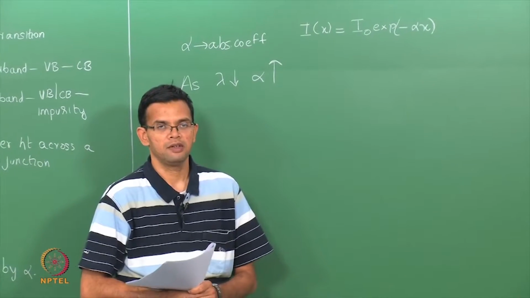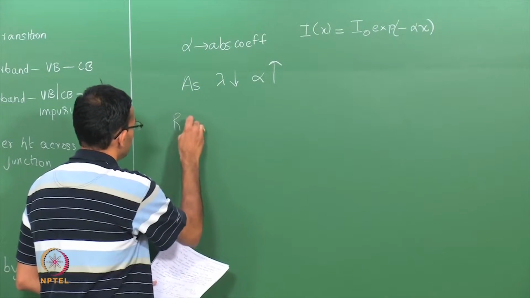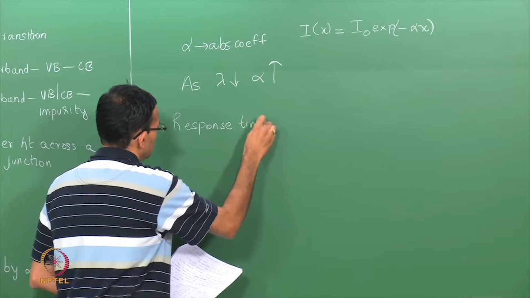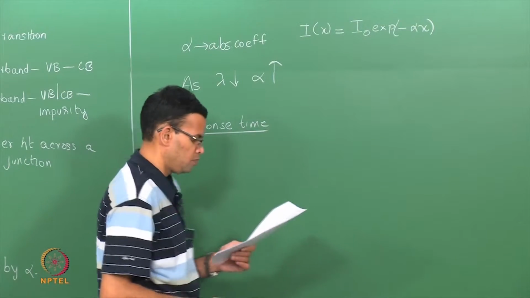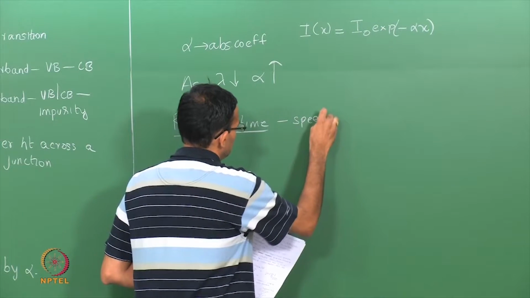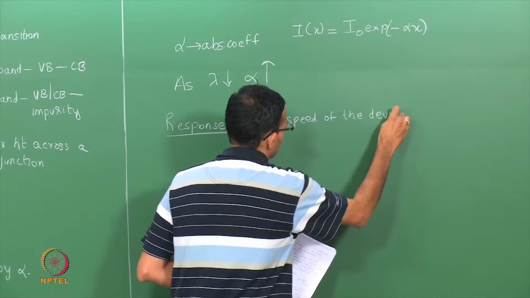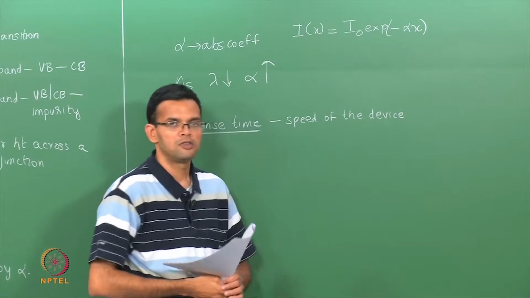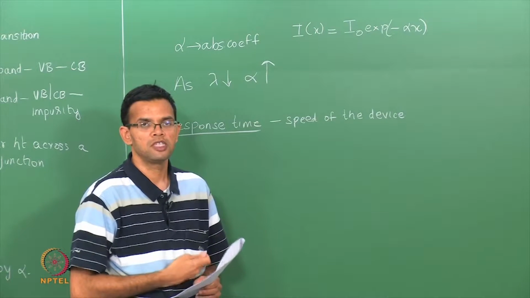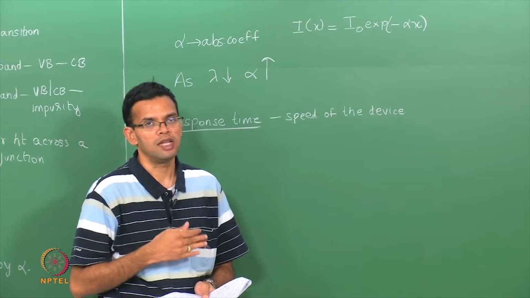Another important factor in the case of a photodetector is the response time. So, this determines the speed of the device. So, if we think of light arriving in the form of pulses, the response time determines how close these pulses can be so that they can be individually detected.